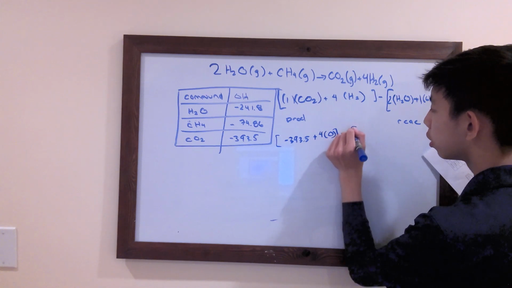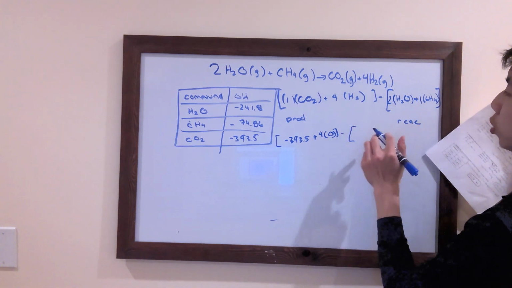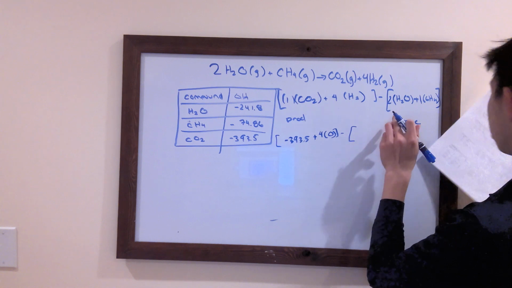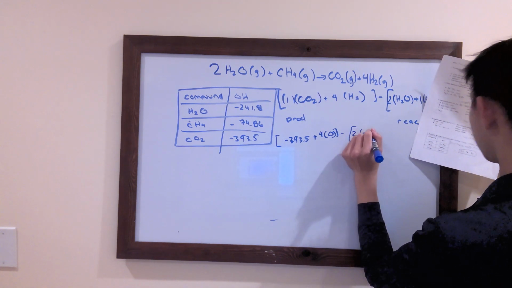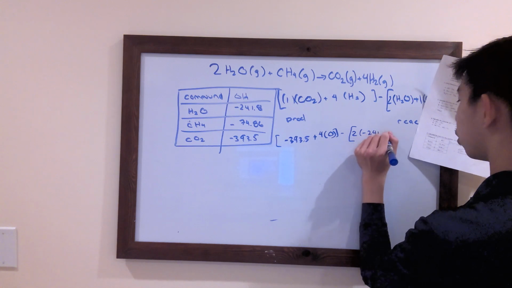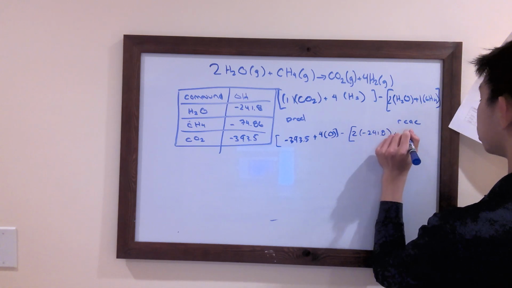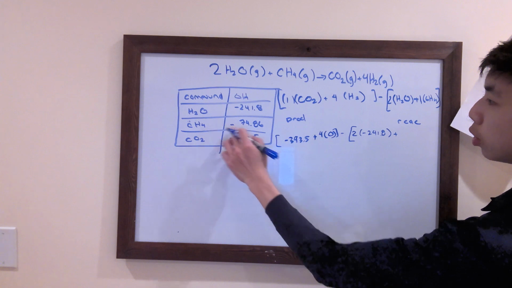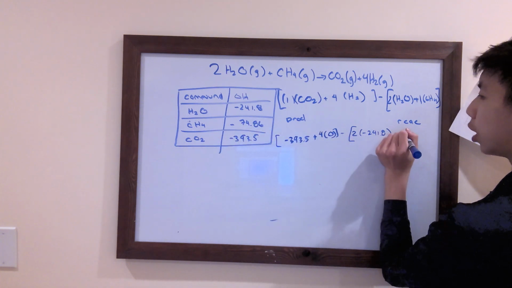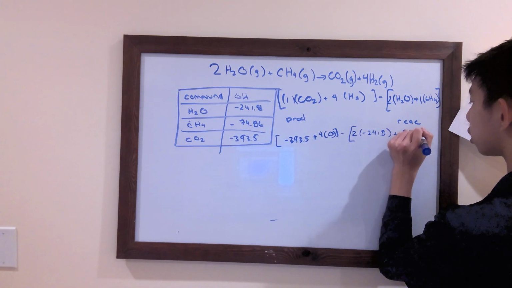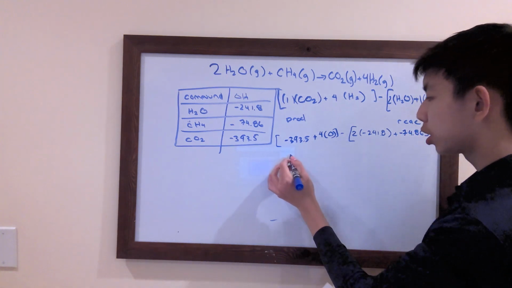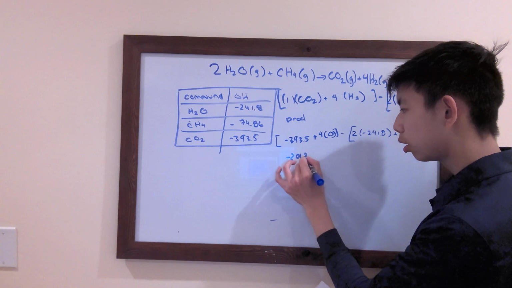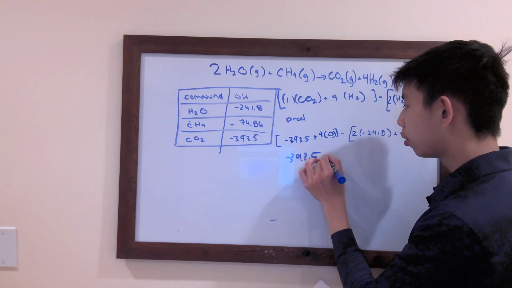Minus reactants: 2 times H2O, which is 2 times negative 241.8, plus 1 times CH4, which is negative 74.86. This is going to give you negative 393.5 minus.